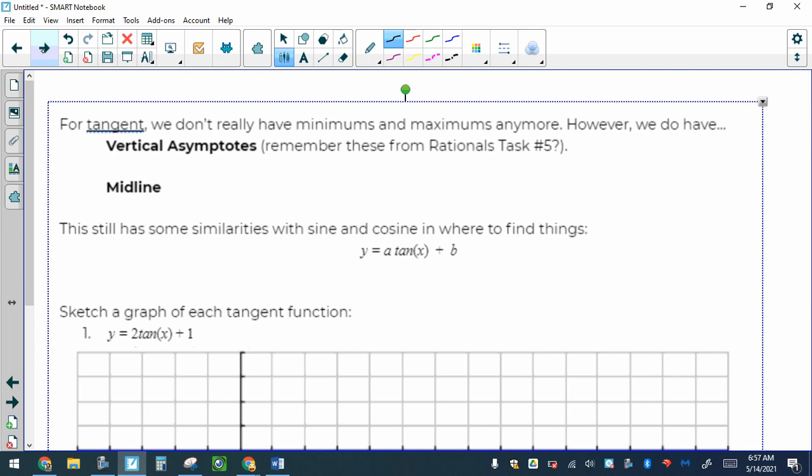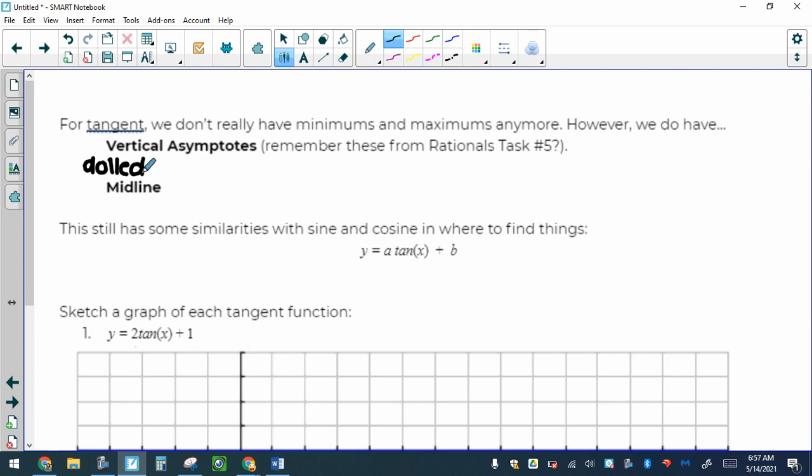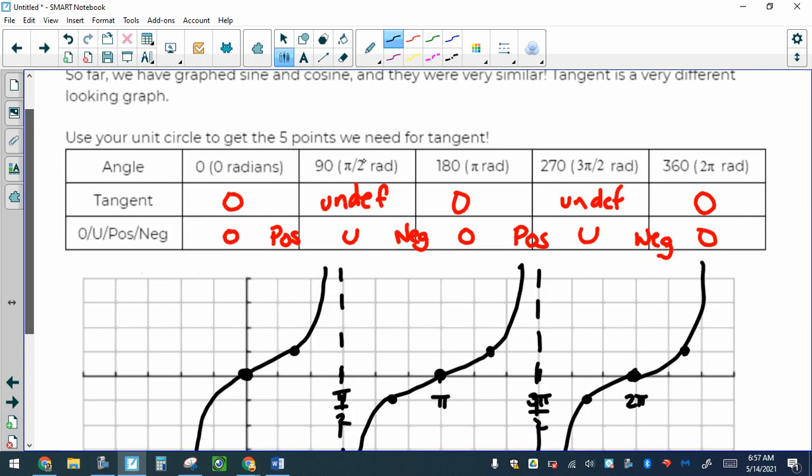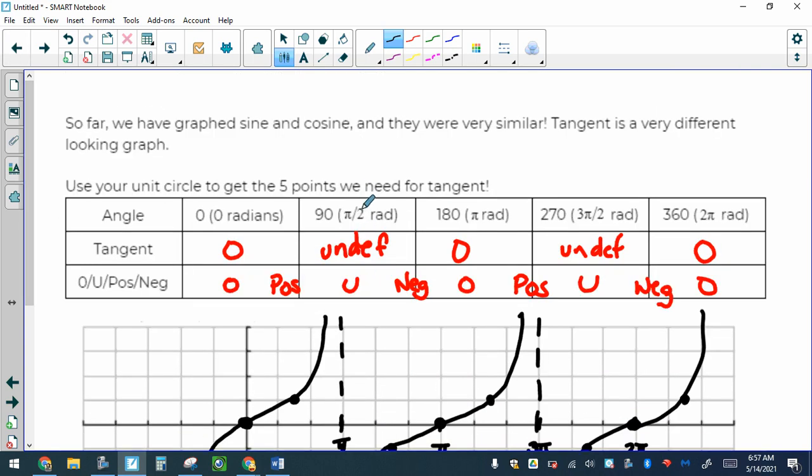However, we do have the vertical asymptotes, all right? We did these before. These are a dotted vertical line. And these are at the undefined points. Anytime in tangent when we got undefined, for example, at pi over 2, that was a vertical asymptote. An undefined at 3 pi over 2, that's a vertical asymptote.